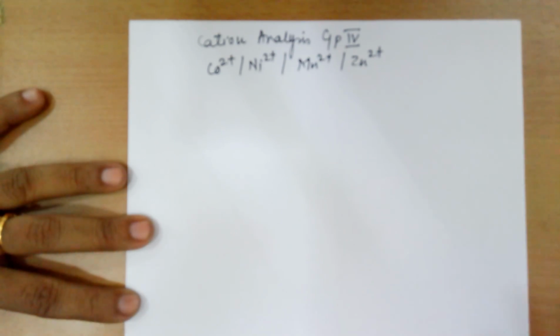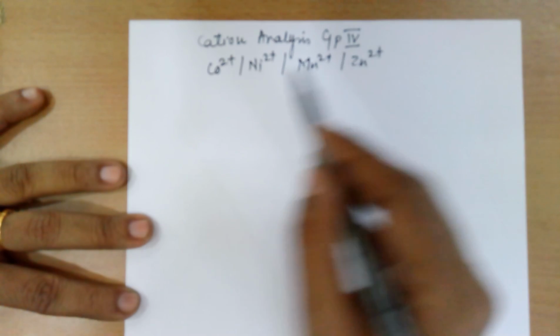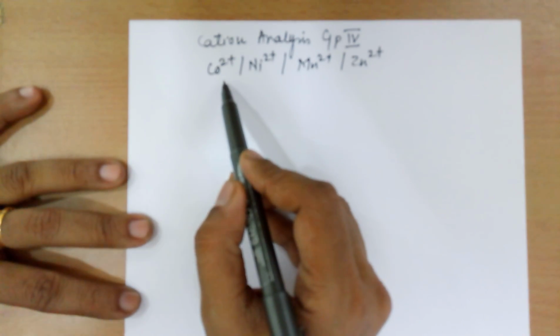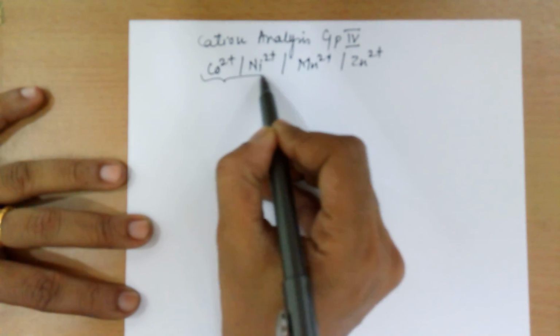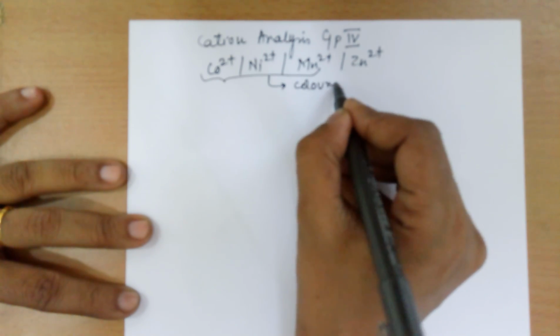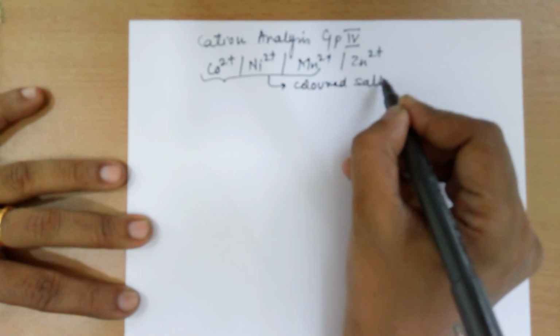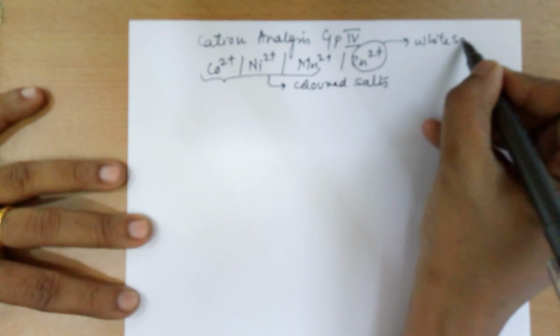We'll be doing cation analysis for group 4 of cations today. The cations belonging to this category are cobalt ions, nickel ions, manganese ions and zinc ions. Out of these 4, these 3 are colored salts, while zinc is always a white salt.